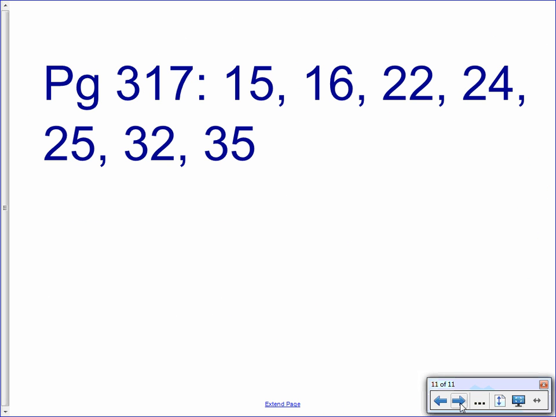Keep your quiz together with your quiz corrections. Since they're separate pieces of paper, don't worry about stapling, I'll just keep them together. So just leave them on your desk and I'll pick them up.